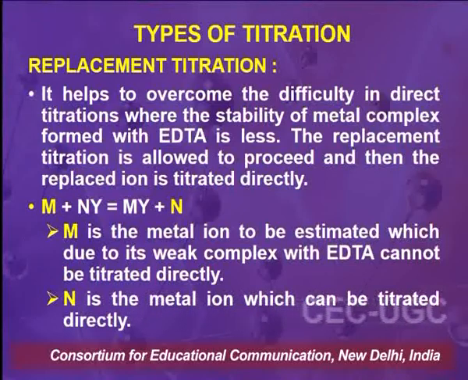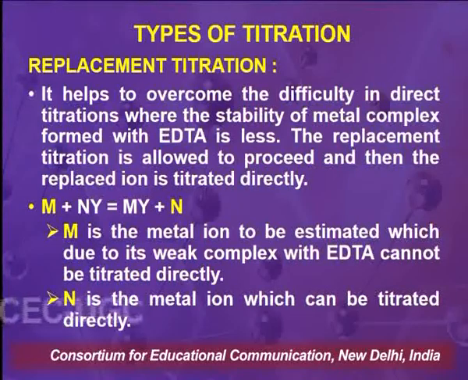Here M is the metal ion to be estimated, which due to its weak complex with EDTA cannot be titrated directly, and N is the metal ion which can be titrated directly.